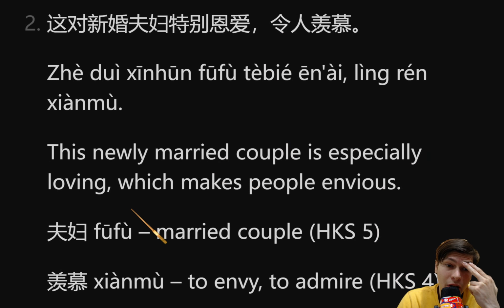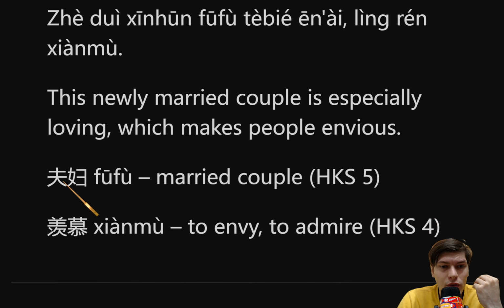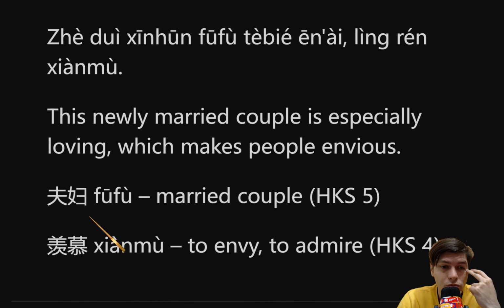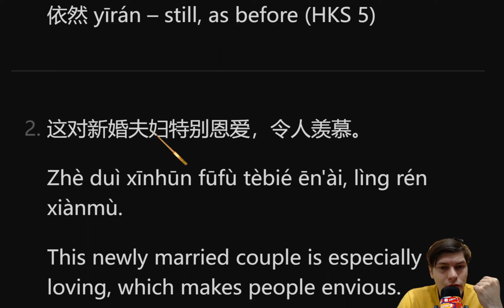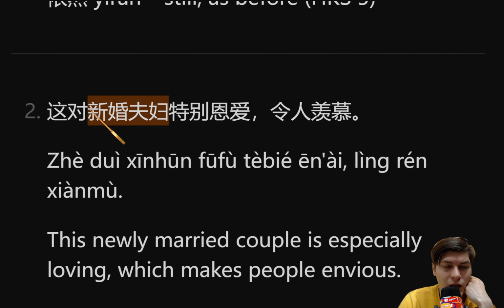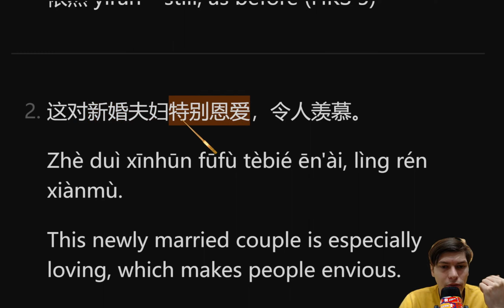Next one. This newly married couple is especially loving, which makes people envious. 夫妇, married couple. 夫 is a husband, 妇 is a wife. 羡慕, to envy, to admire. 这对新婚夫妇特别恩爱，令人羡慕。对 here is a measure word for couples. 这对新婚夫妇, 新 is new, 婚 is the 婚 of 结婚, so newly married couple. 特别恩爱, especially in love. 令人羡慕, makes people envious. 令 is the same as 让人, to make someone.